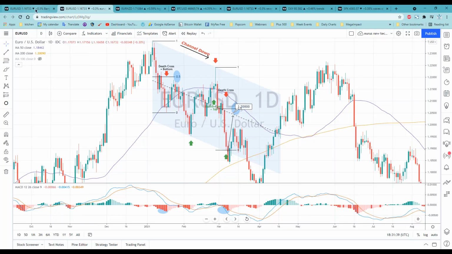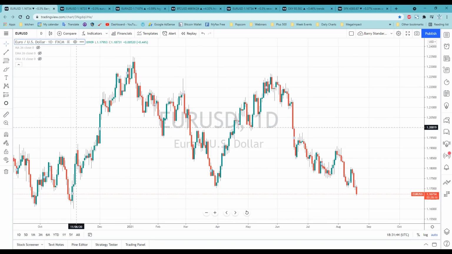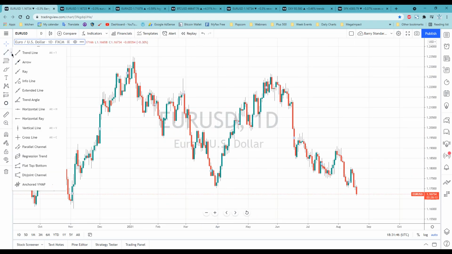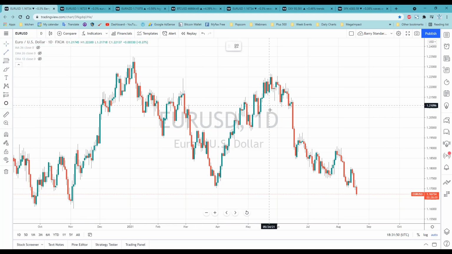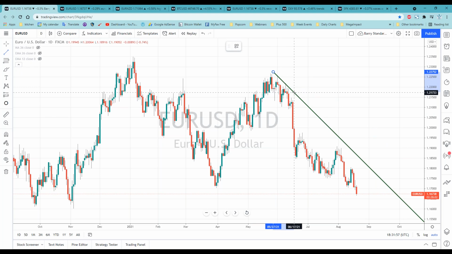So here we're looking at the Euro US dollar chart. Now, we can go on and put a trend line on. When price is moving down, we draw the trend line over top of price. When price is moving up, we draw it underneath.